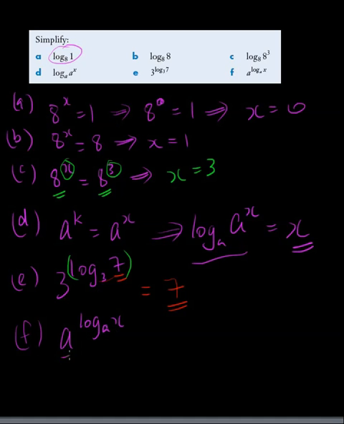So if I've got the same base here, that means that I should have the same number, because here again, the log is the power. This power gives you x, right? So the whole power gives you x. Therefore, a to the same power should also give you the same number, which should be x. Okay.